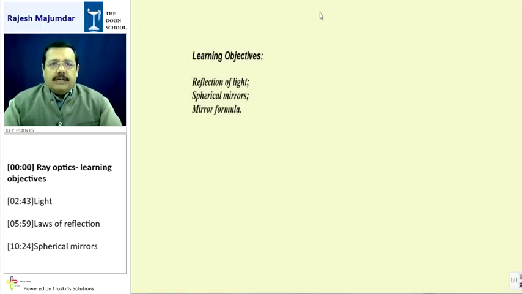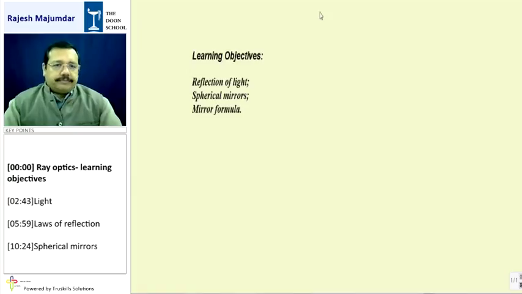What is light, what are mirrors, what are lenses, what are the rules of image formation, and definitions associated with mirrors and lenses. All these things are there in your curriculum. But if you have a little bit of revision from your previous classes, then it will really help us.